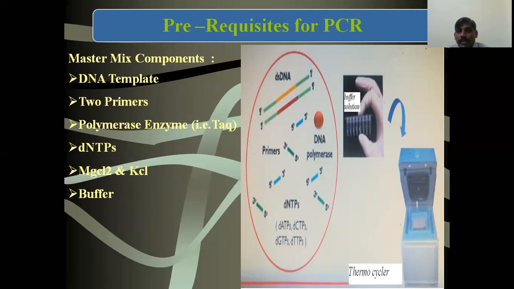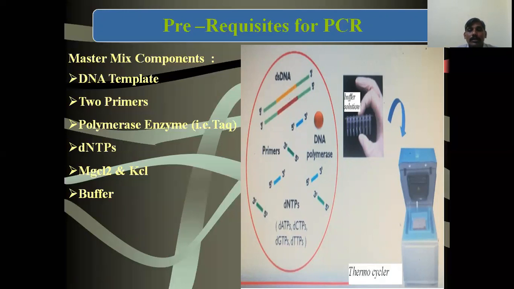Prerequisites for PCR. What components are required for the operation of PCR, polymerase chain reaction? Polymerase chain reaction is nothing but an in vitro DNA replication process. It is an in vitro molecular technique. In this technique, we collect different components.